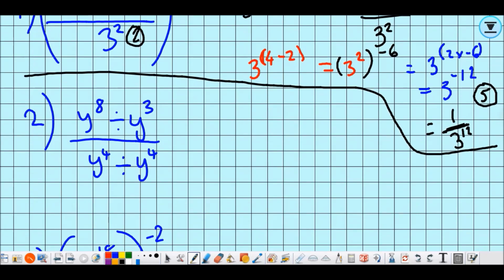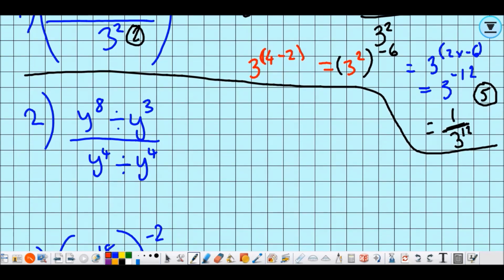Okay, question 2. Again, we do each line at a time. Both of these are divides, so I'm subtracting both sets of powers. So that's going to turn into, on the numerator, y to the 8 subtract 3, which gives me y to the power of 5.